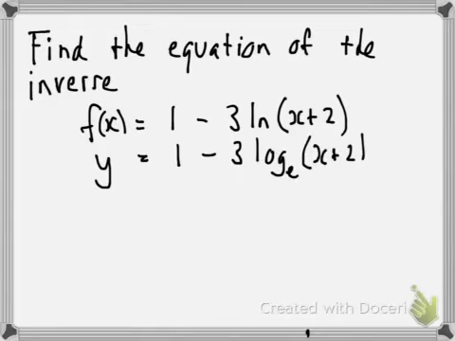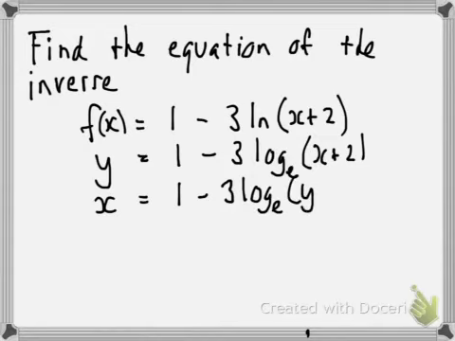Now it's time to interchange x and y, so we get x equals 1 minus 3 log base e of y plus 2. Okay, so now our objective is to get y on the left hand side, so y equals. Remembering our terminology at the end, we're going to replace y with f minus 1 of x.